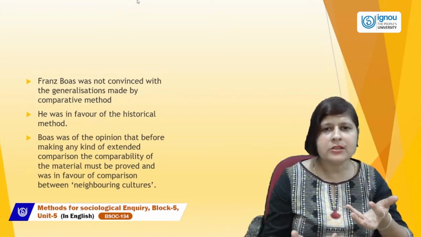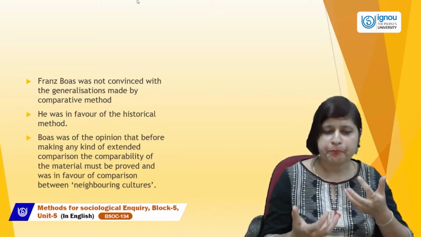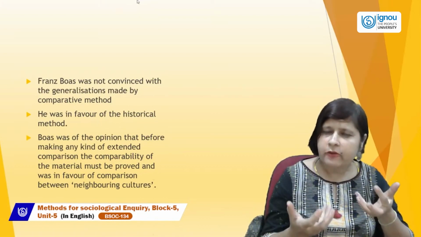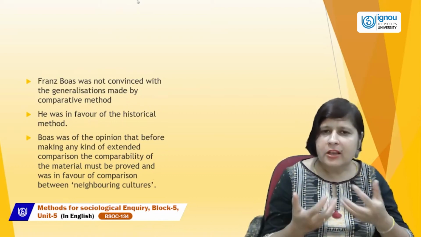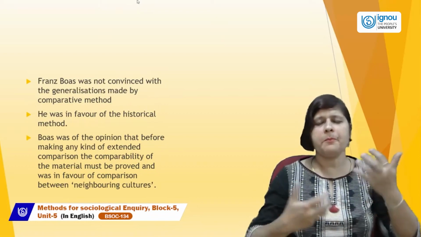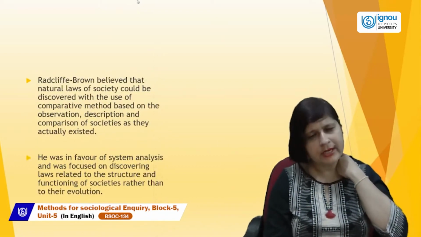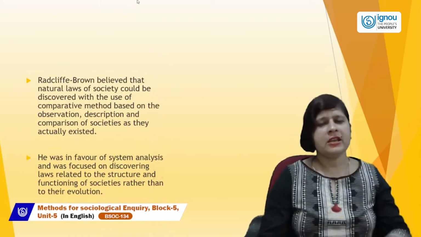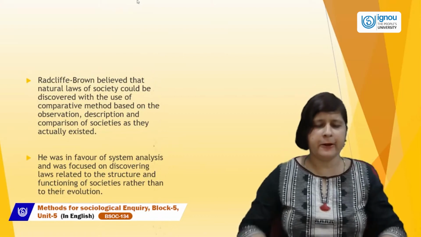So according to Boas, it is very important that the comparability of material must be proved, right? And you can compare only two neighboring cultures. You cannot compare far-existing cultures with each other, right? So Boas was against this comparative method. He was in favor of the historical method.